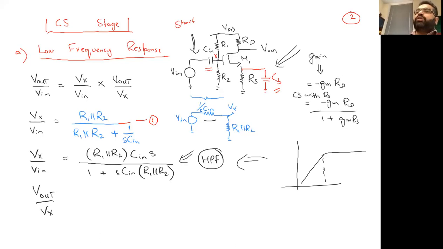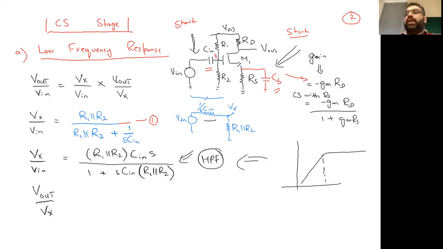When we short these, ultimately what will happen, if we make CB zero, short it, RS will go down, RS will be zero, and the gain will be again minus gm RD. So our gain will be higher, and the disadvantage we had of common source degeneration in terms of gain reduction will be gone. And also by adding bypass capacitance, we are still getting the advantage of noise immunity and also the high input impedance.